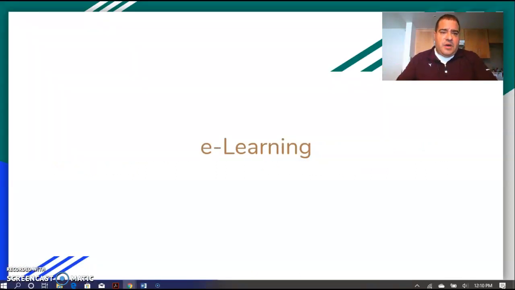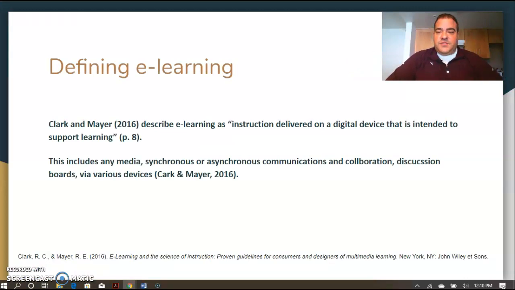Another term that's going to come up, and this specifically will come up in the Clark and Mayer textbook in chapter 1 on page 8 specifically. Clark and Mayer give a definition for the word e-learning. Now, for those of you that have been either in other industries or may have heard of the term e-learning, e-learning in the past may have been seen as some sort of online instruction that you took on your own.